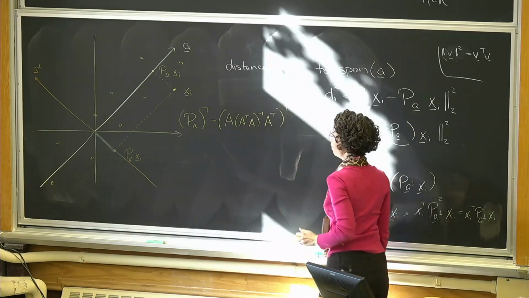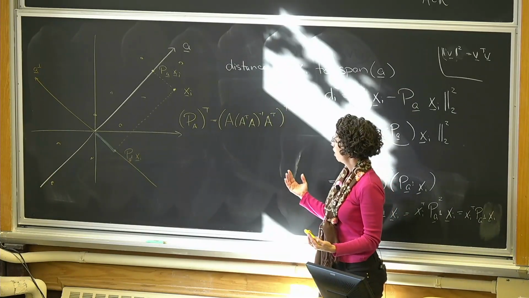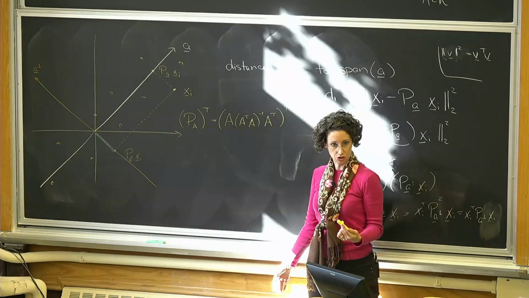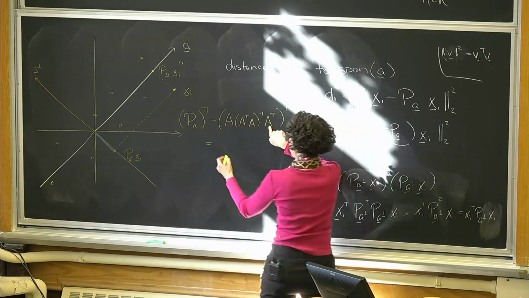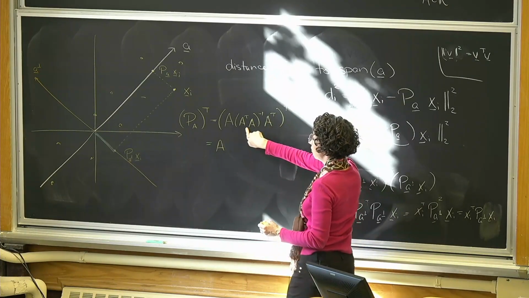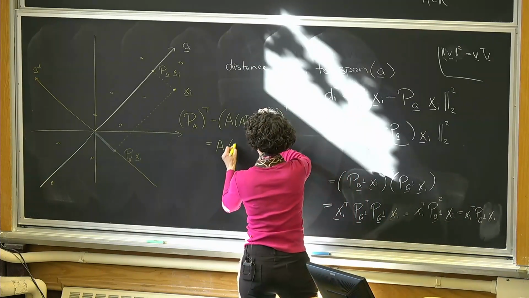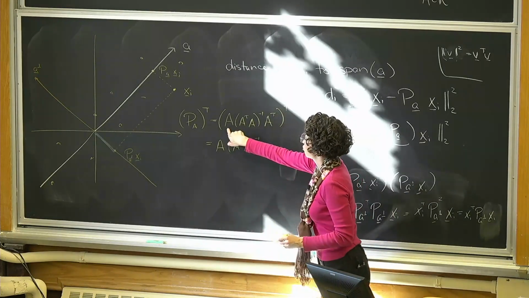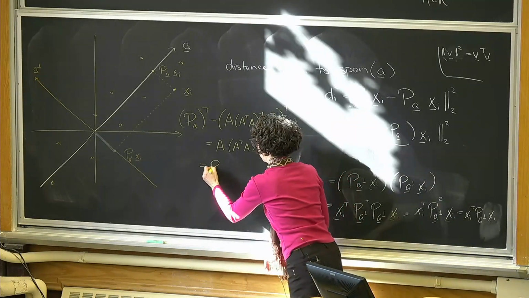And now if I take that whole thing and transpose it, remember that when we take the transpose of a product of matrices, then we reverse the order and transpose each factor. And so we first take the transpose of A transpose, which is A. Then we take the transpose of A transpose A inverse. But this is a symmetric matrix, so the transpose doesn't do anything. So I get A transpose A inverse. And then finally, I take the transpose of A, and I get A transpose. And this is exactly PA.